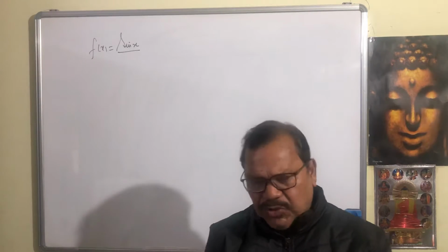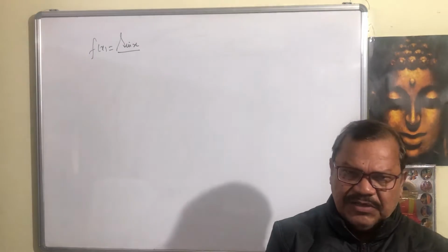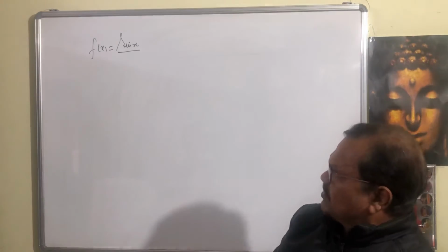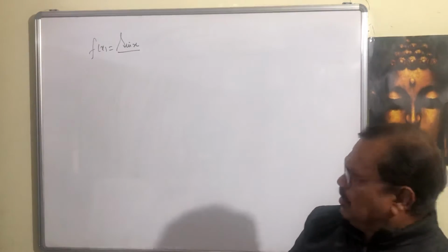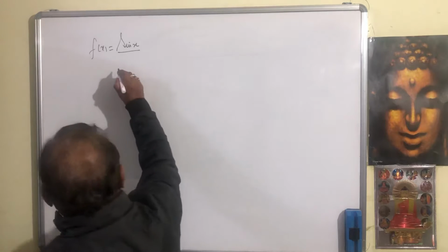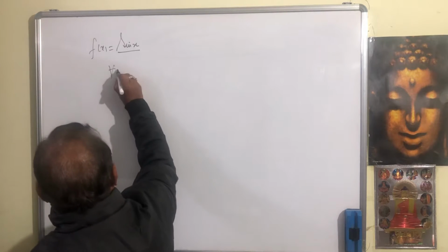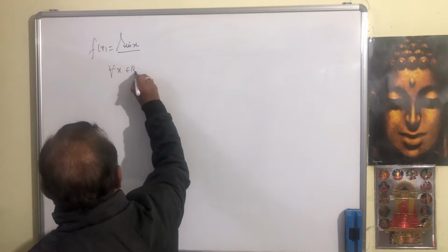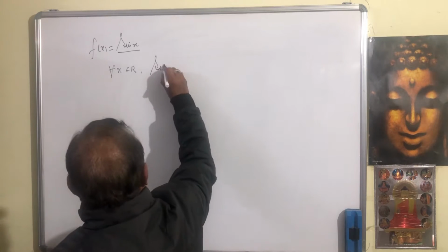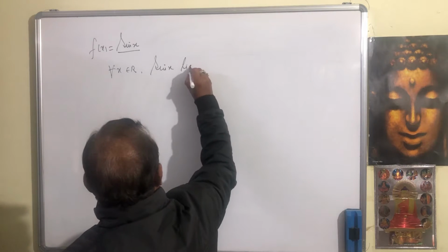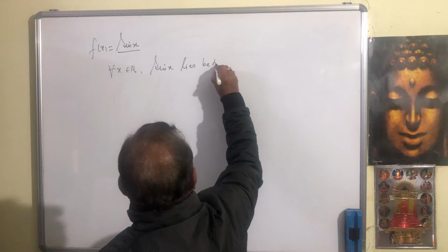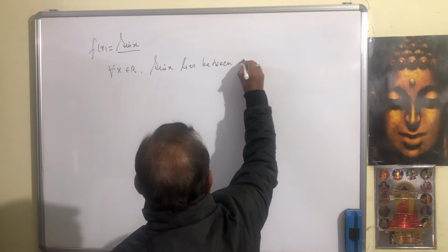Now it exists for all x belongs to R. It is a periodic function. For all x belongs to R, sin x lies between -1 and +1.